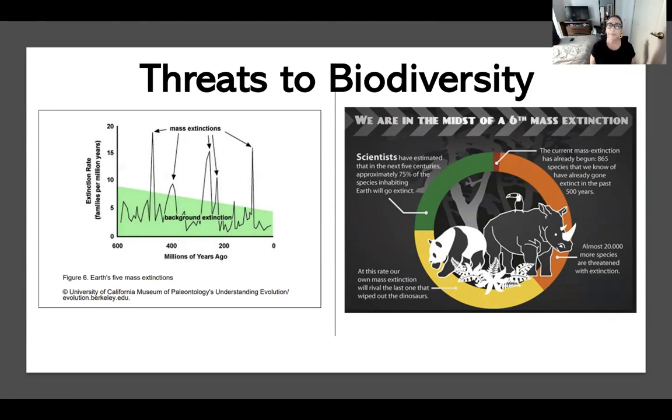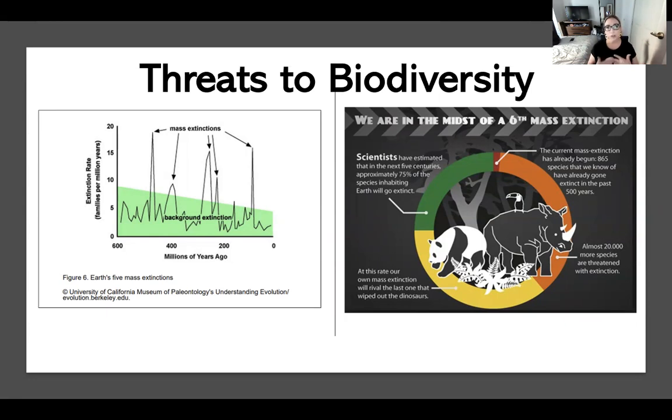Well, one important thing to realize, so this image on the left here is looking at mass extinctions, which you may have heard of. The eradication of dinosaurs was a mass extinction. Now we've had 5 mass extinctions in geologic history, but we are on our 6th mass extinction right now. The other 5 were caused by changes in the environment.